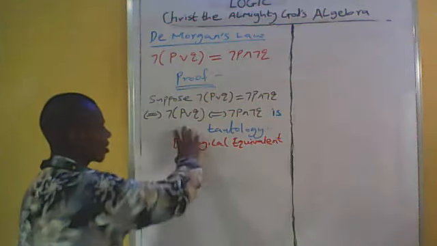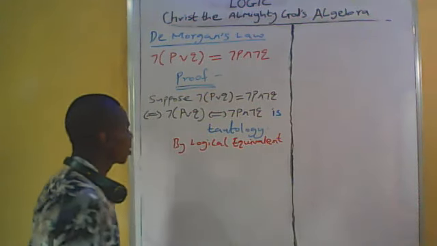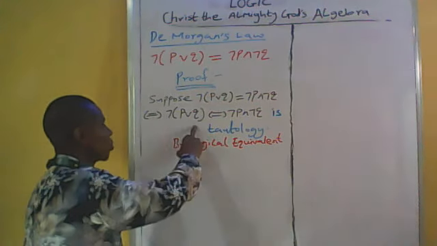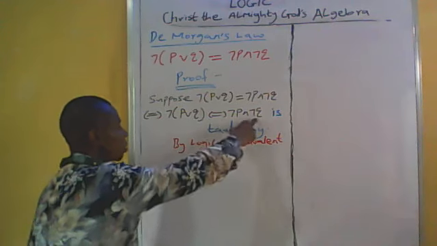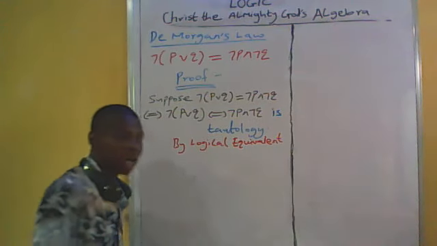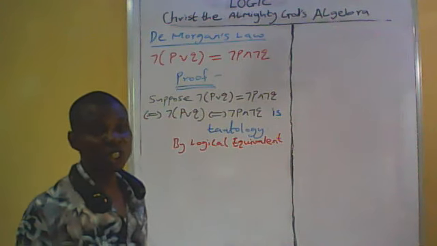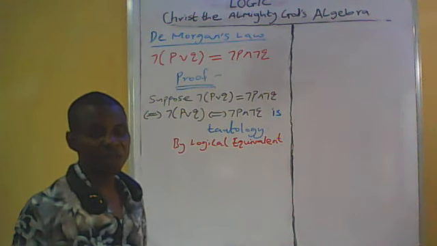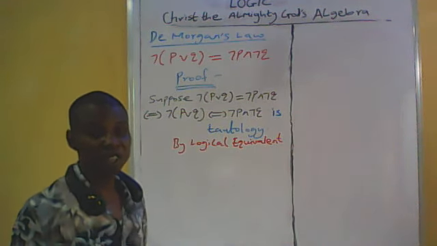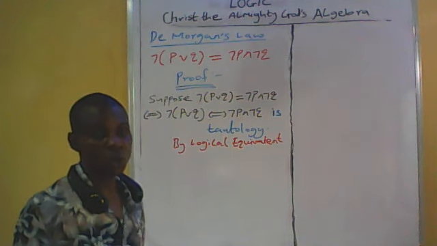Now, since the statement not bracket P or Q, if and only if not P and not Q is tautology, we can also transform it to conditional statement and it will still preserve tautology.